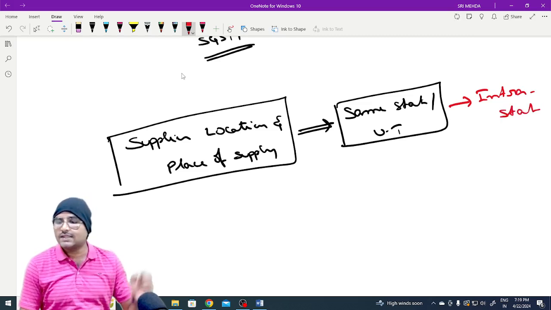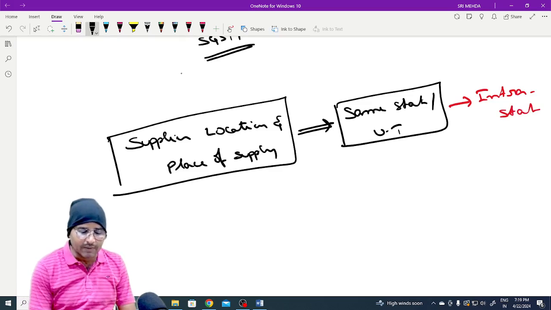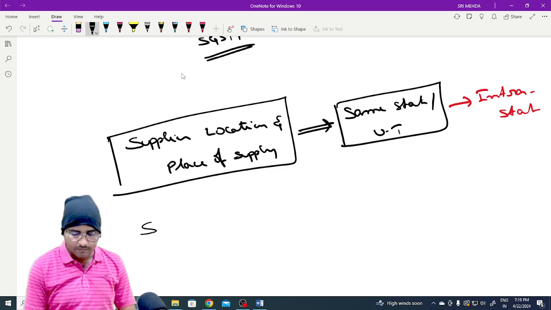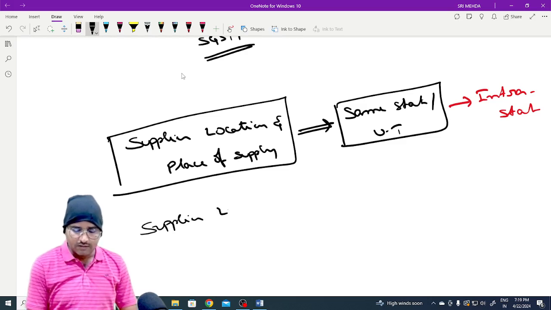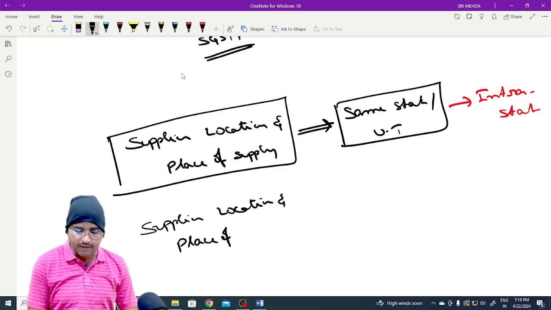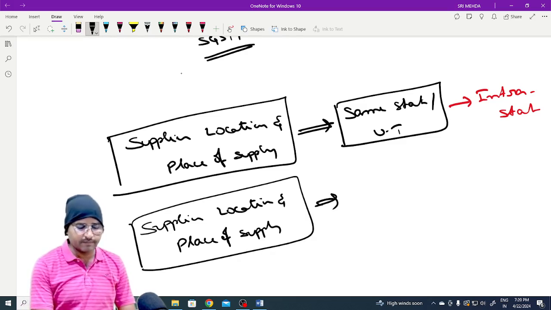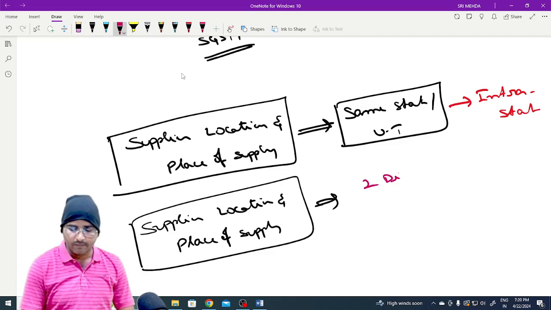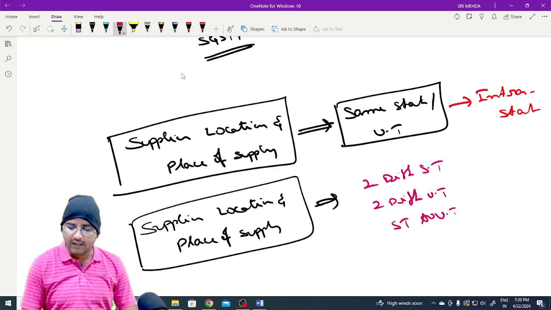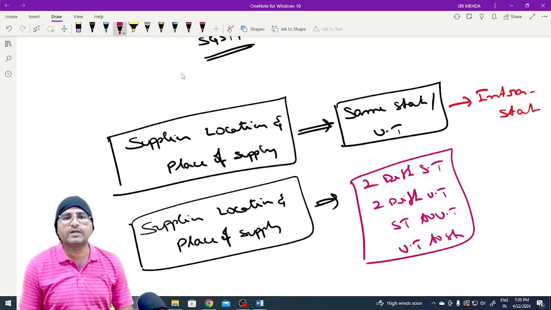But where the supplier location and the place of supply both are in two different states, two different union territories, or state to union territory or union territory to state, it shall be treated as interstate supply.